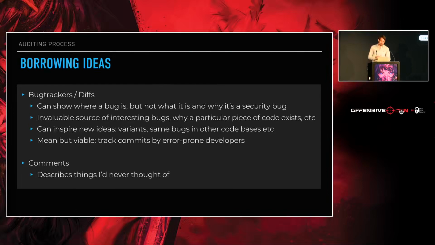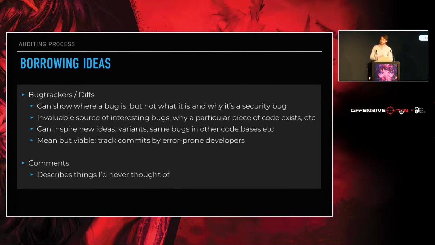More than one person has also told me, and this is totally mean, but I guess it's viable, that they track commits by specific developers that they think often make security-consequential mistakes, and they go and look at all their code, which is kind of rude, but I guess it works.